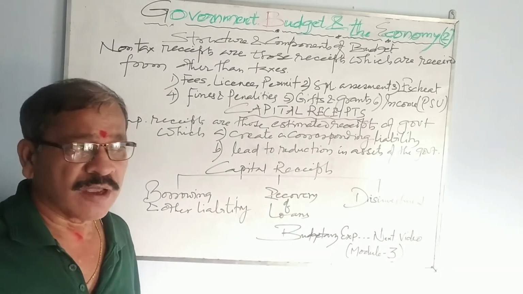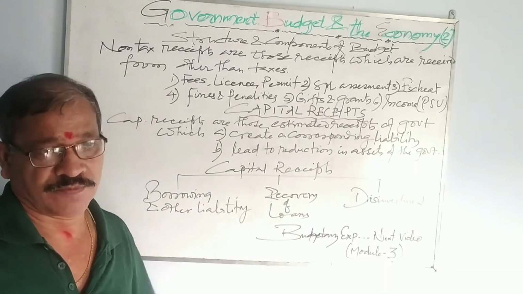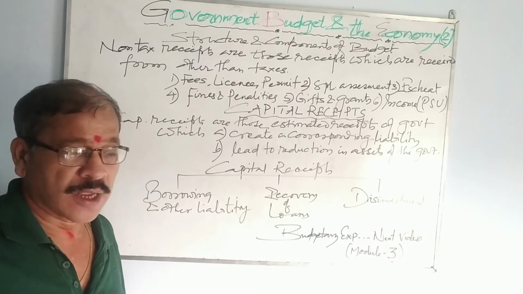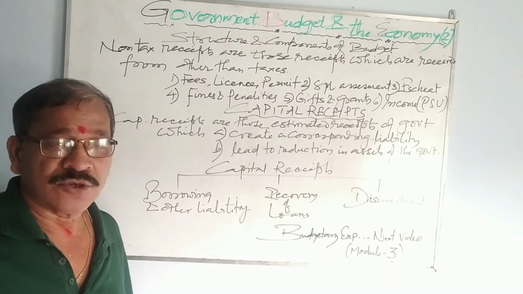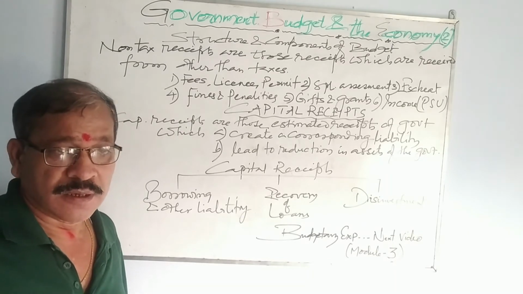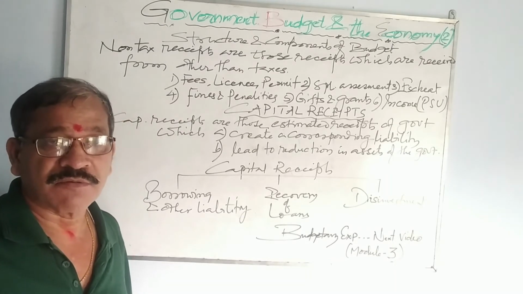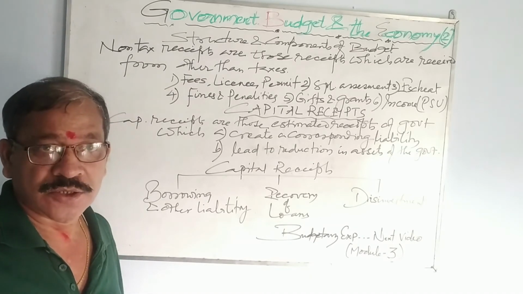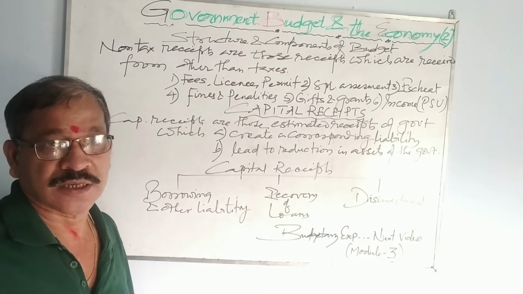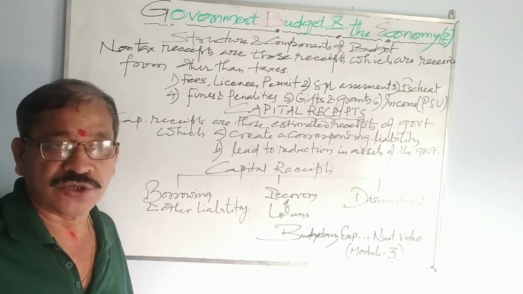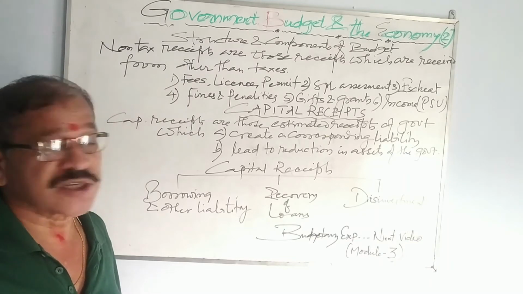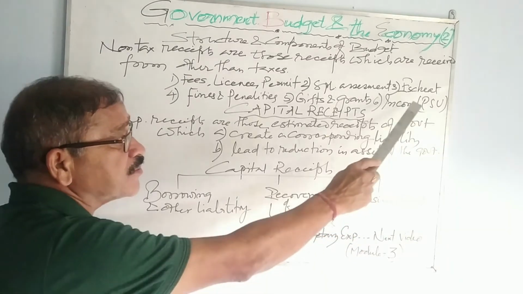Special assessment. For example, you have purchased land in your nearby place for 5 lakhs. But after a few years, the value of the land has gone to 10 lakhs. What you are getting more than what you paid comes under special assessment. Then comes escheat.